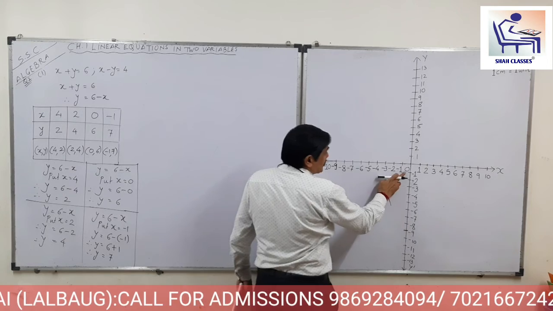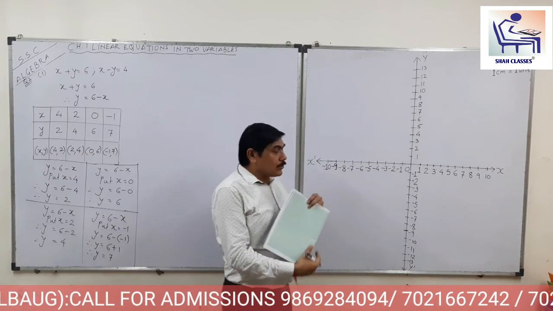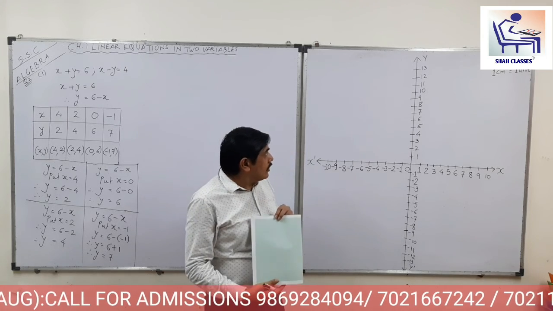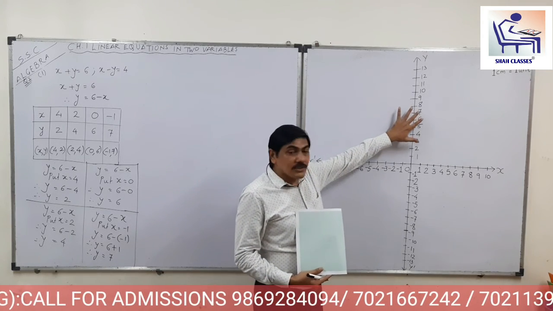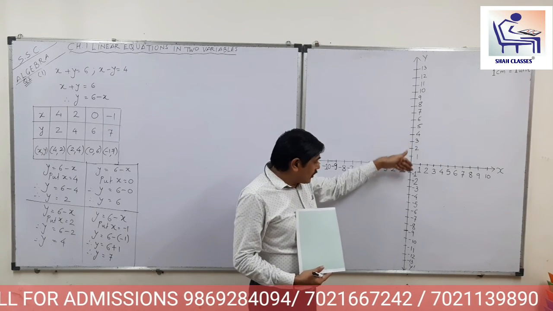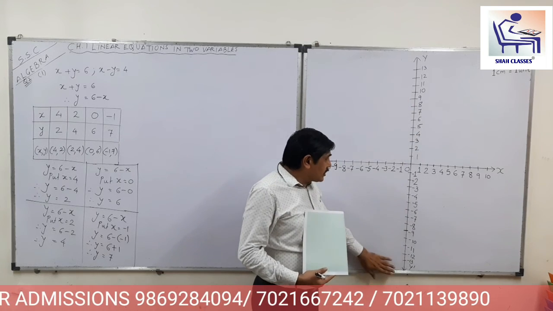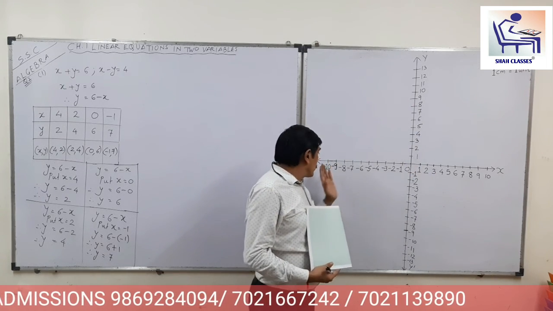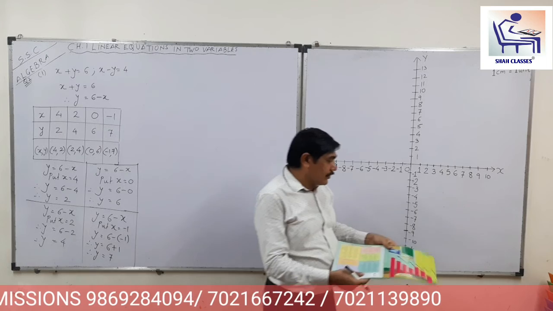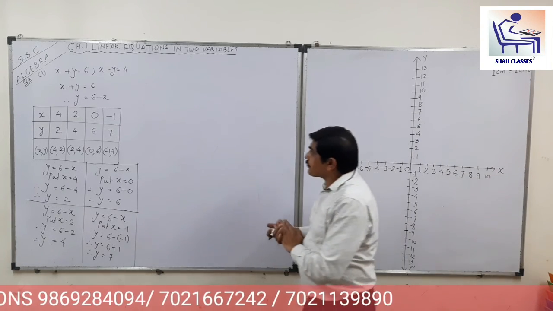Okay, and please never forget to write 0. So graph paper you have seen it. So I have also taken the same way. 13 to minus 13 on the y-axis, and 10 to minus 10 on the x-axis. So the same way you have to draw.